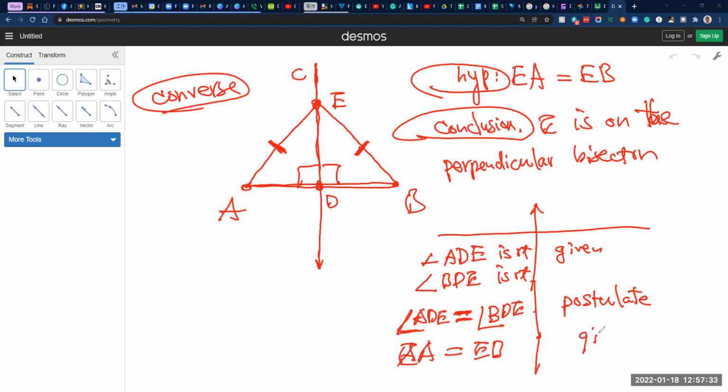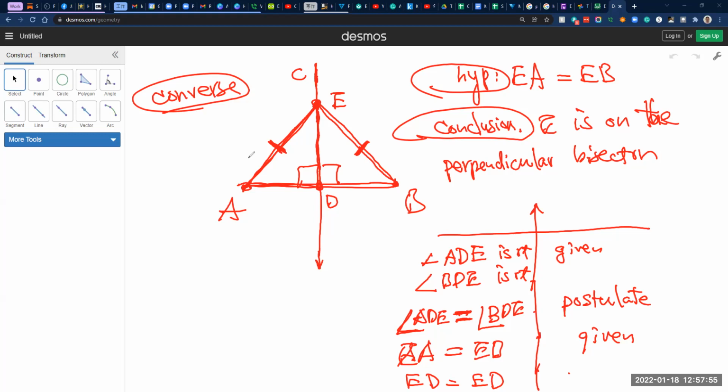That's given. So this is a hypotenuse, because this is a right angle, and this is a hypotenuse. And we know ED is congruent to itself, and that's actually one of the postulates.